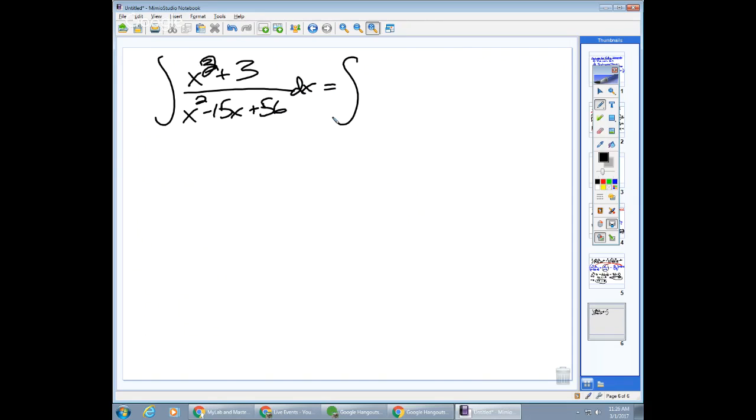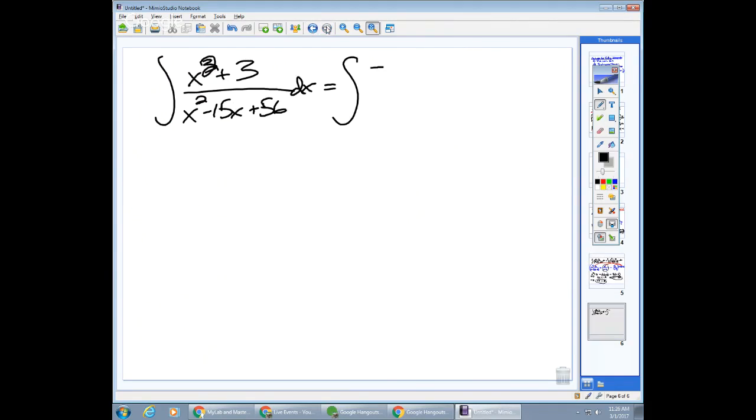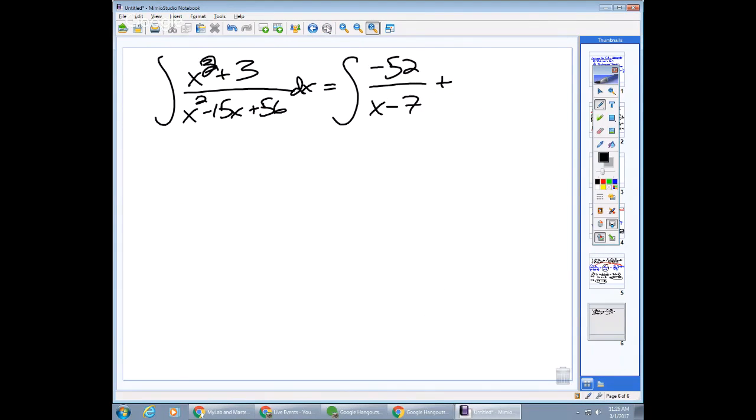The claim now is that this is negative 52 over x minus 7 plus 67 over x minus 8 with respect to x, and we can nail both of those with logarithms as the antiderivative.